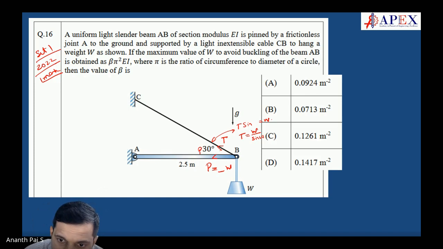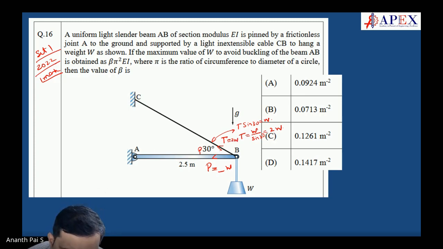Sir, not sin 60, sin 30. What is sin 30? 0.5. So T is equal to 2 times W. Correct? So T is equal to 2W.